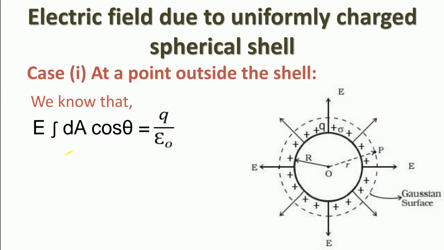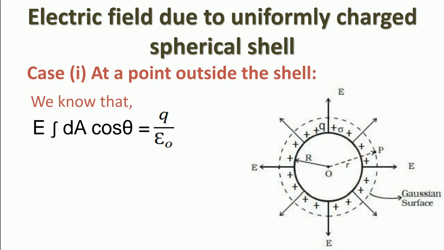And this integration dA, watch here, the small surface of this big sphere is dA. When we integrate this small part of the surface, we get the whole surface area of this Gaussian surface, and the total surface area of the spherical Gaussian surface will be 4 pi r square, 4 pi small r square. We take the radius of the Gaussian surface.